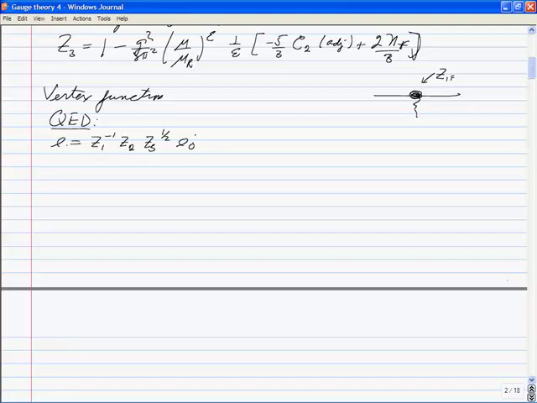So we absorb those features into the renormalized e. Z1 came from the diagram that was like that. Z2 comes from wave function renormalization, which is that diagram. And in QED, there's this Ward identity, Z1 equals Z2.